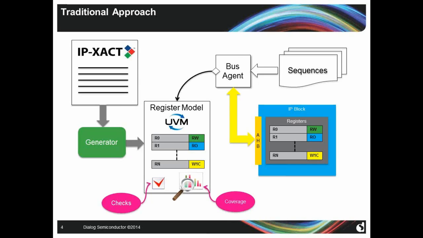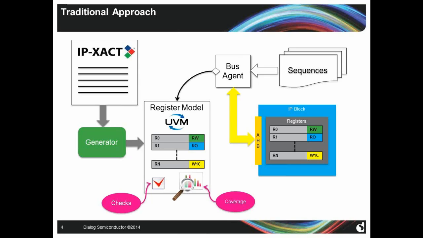Part of that model would be some checks to make sure that data comes back as you expect, and some coverage to say we've covered all the values in these registers, or all the registers in the memory map, and so on. So there's some tuning you can do on that side.